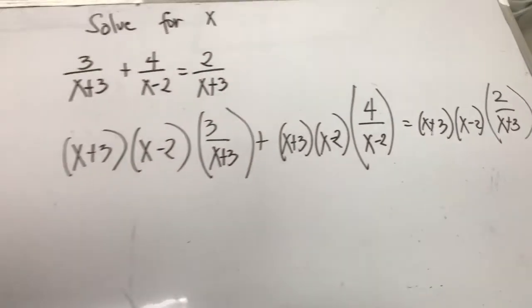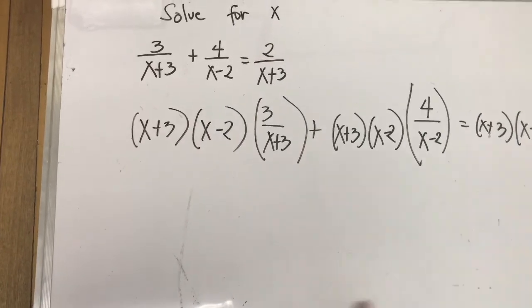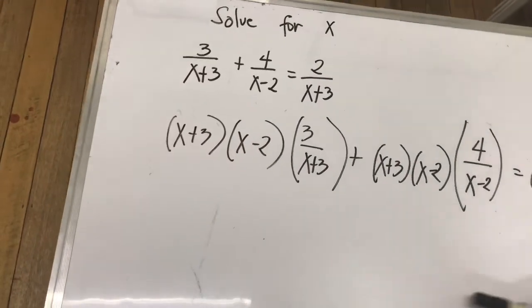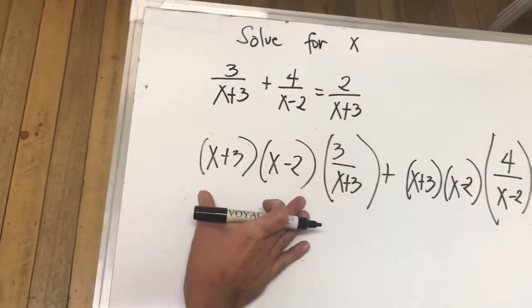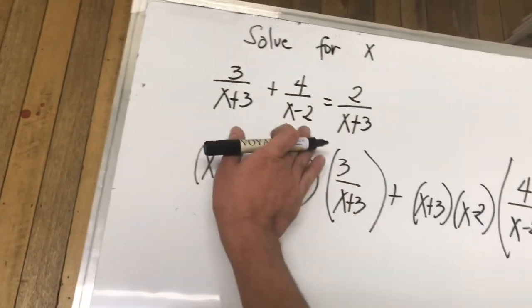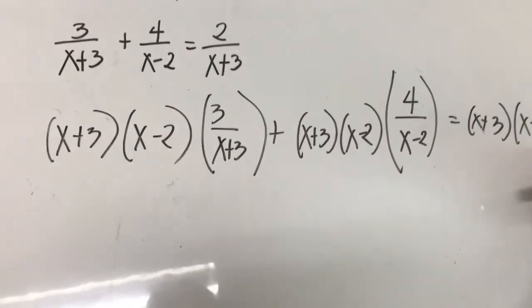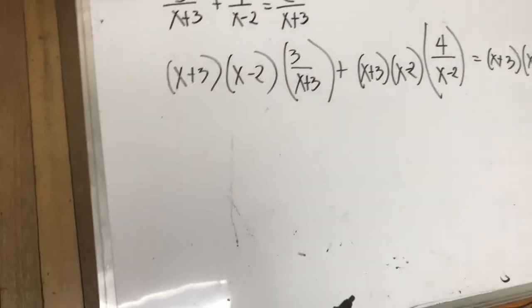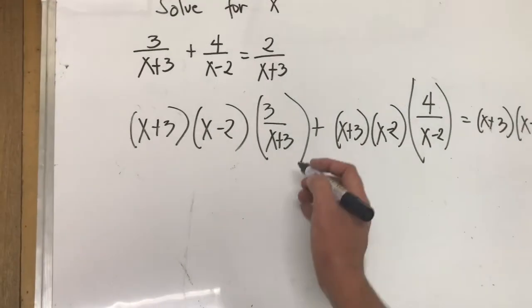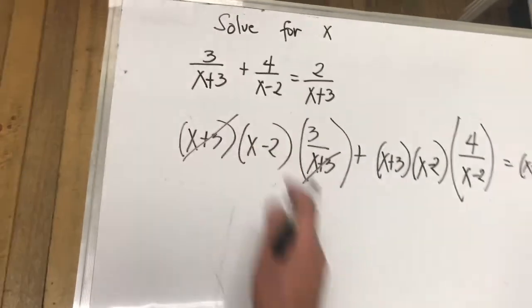Yan. So, don't worry kung mag-ask kayo saan ito nakuha. So, yung ginawa lang natin, yung LCD natin, i-multiply natin siya sa bawat rational expression. Okay? Then, yung next step na gagawin is cancel natin yung mga magkapareho. So, we can cancel this.